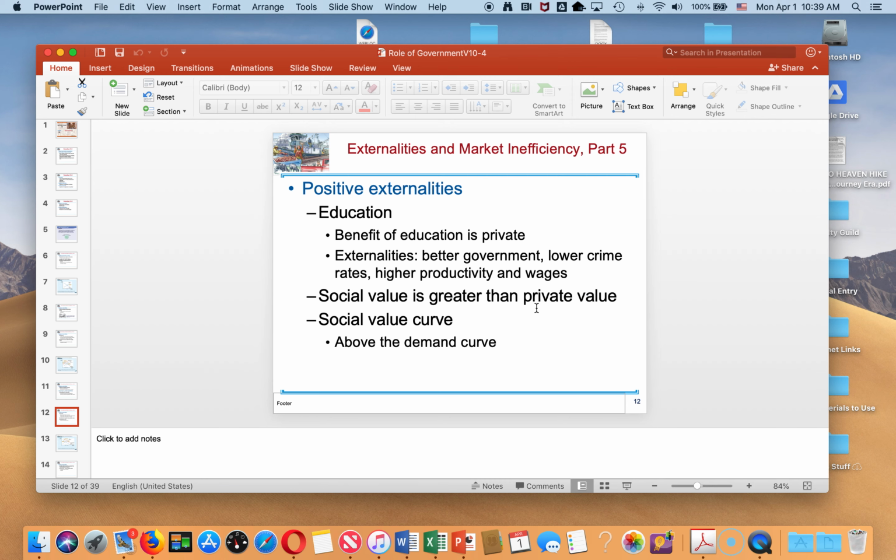Now, for a positive externality, like education, for example, while the benefit of education is private, there are also externalities to society in the form of better government, lower crime rates, higher productivity, and wages. So now the social value is greater than the private value, and the social value curve is going to be above the demand curve or to the right of the demand curve.